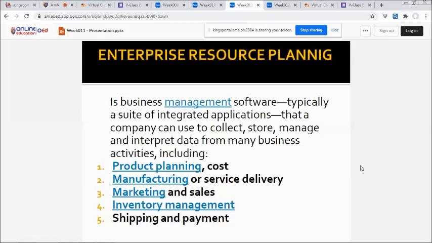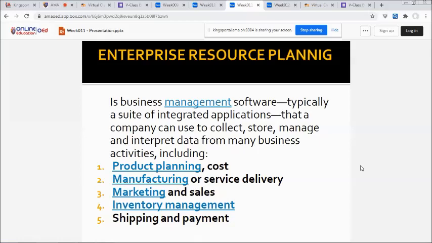So ERP provides an integrated view of core business processes in real time, using common databases maintained by a database management system. ERP systems track business resources, cash, raw materials, production capacity, and the status of business commitments, orders, purchase orders, and payroll.